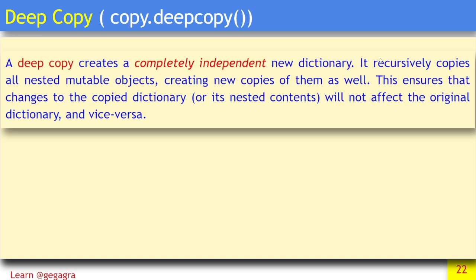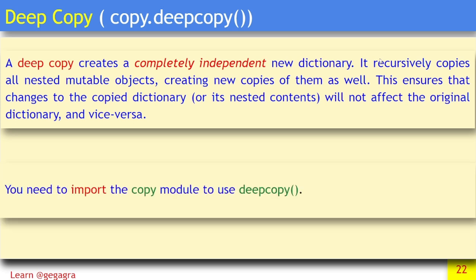Okay, so see here. For this deep copy version you will have to import the copy module of Python if you want to use deep copy, because copying the dictionary from one dictionary variable to another is just simple, meaning an alias name is created.